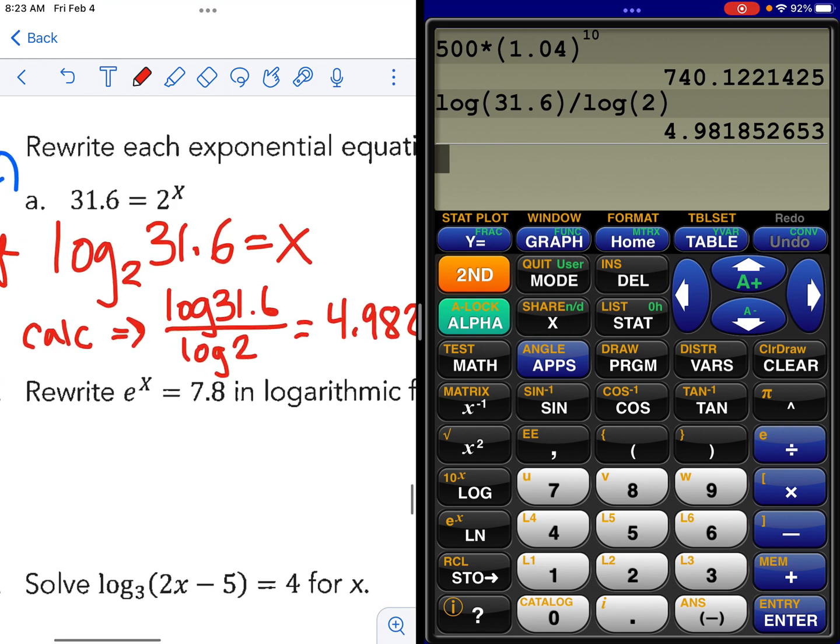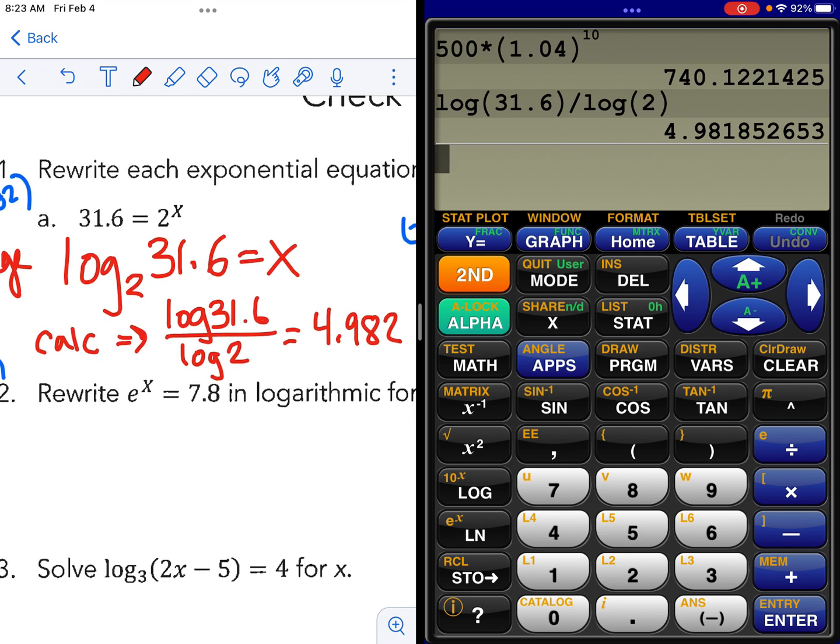So 4.982 is the power that we have to raise 2 to get 31.6. So let's try that. 2 to the 4.981852653 power. The way I'm going to enter that is I'm not going to enter all the digits.